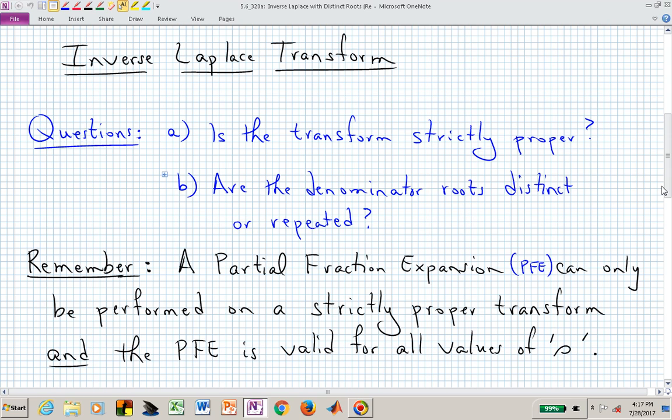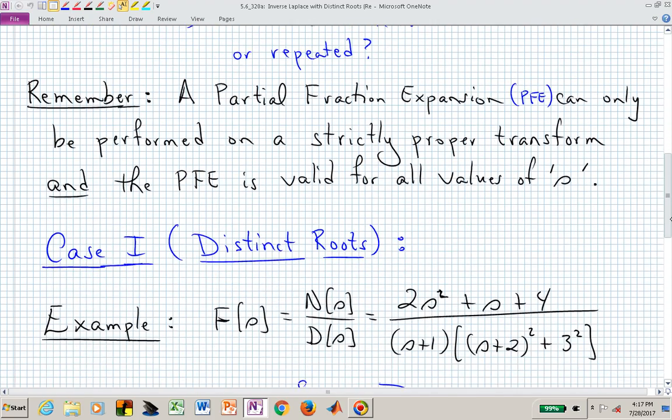And once you have the partial fraction expansion, that expression is valid for all values of s, even s going off to infinity, and that sometimes is helpful to use to evaluate for the residues, or these partial fraction expansion coefficients.